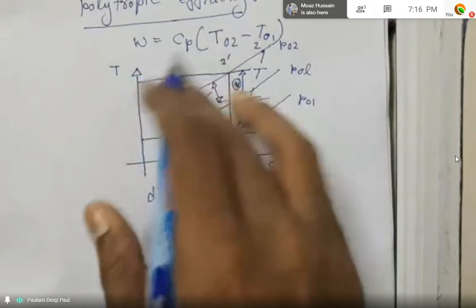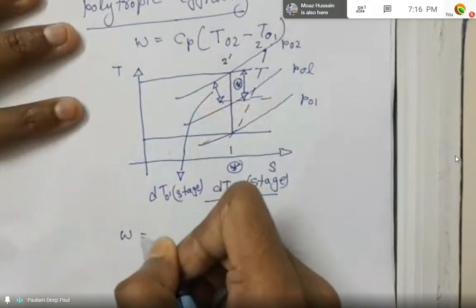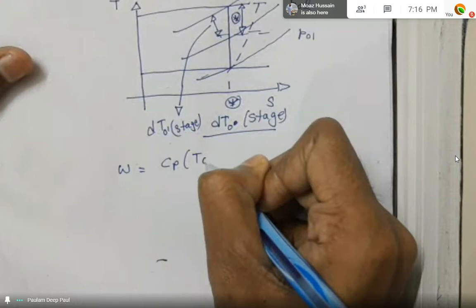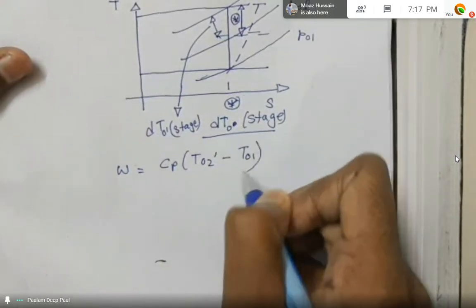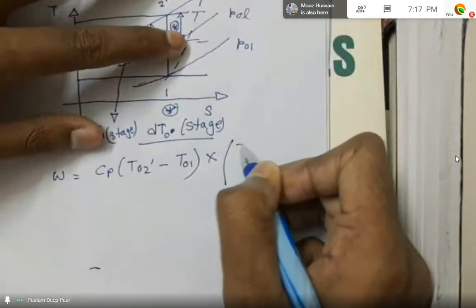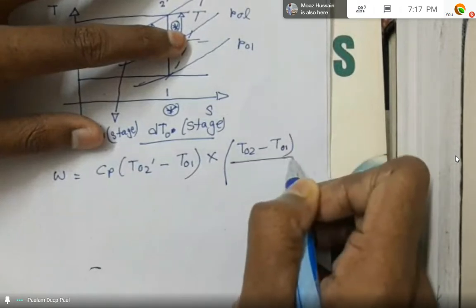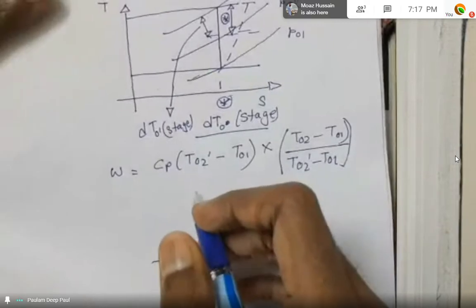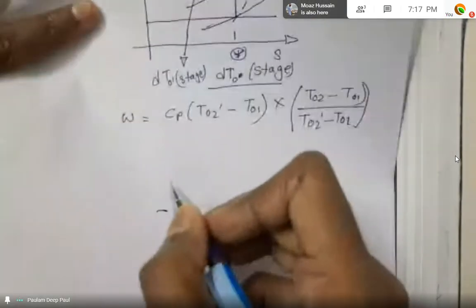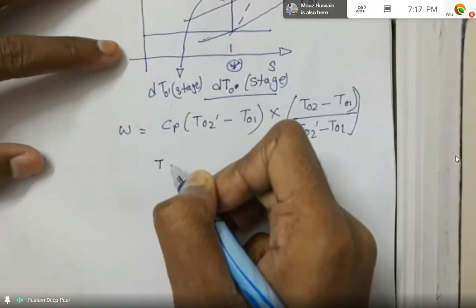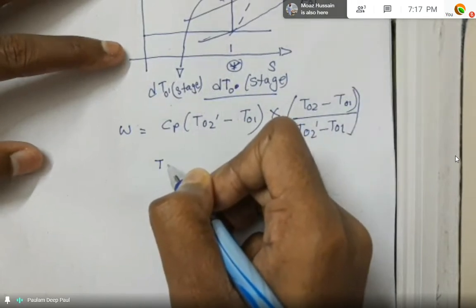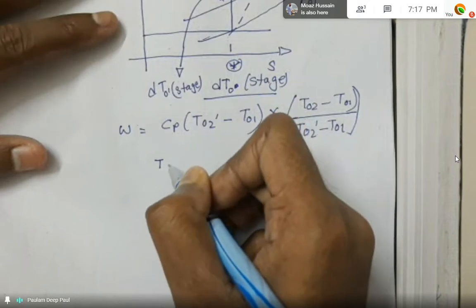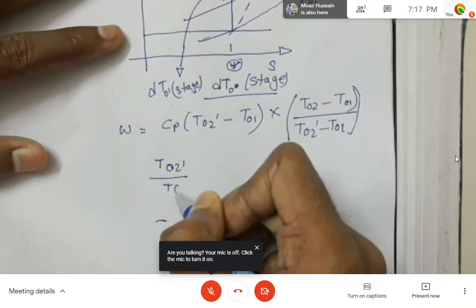Once we know the work done is equal to this, we can manipulate the work done formula by writing W, C_p, multiplied by this, and we can write the work done for the polytropic case. Just as a reminder, I hope you have gone through the gas laws from your elementary school, because we will be using one of the formulas here for the adiabatic process, or you can say the polytropic process, that is this formula for the points 0 1.